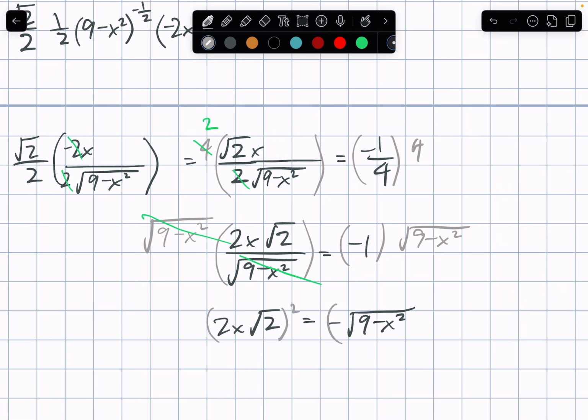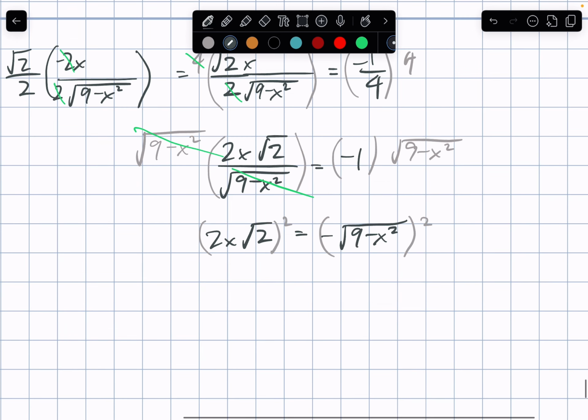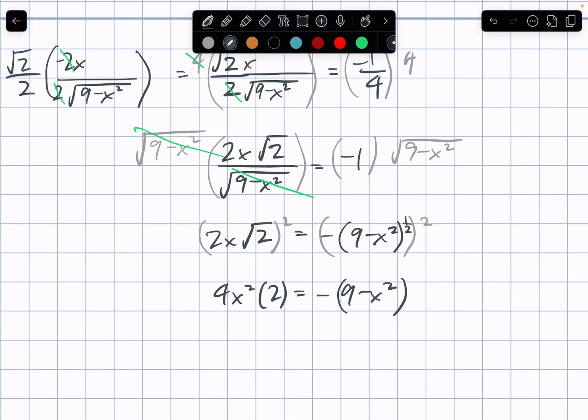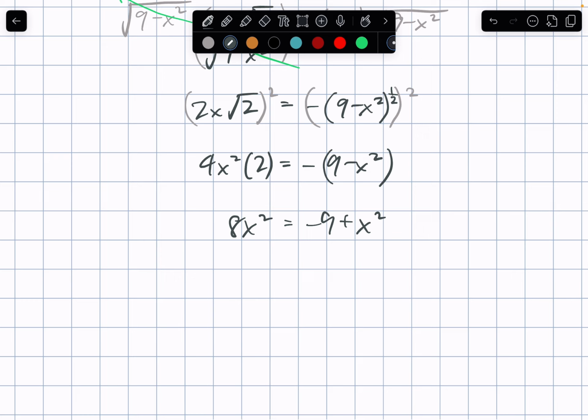I think what we do is square both sides. So 4x squared times 2 equal to negative 9 minus x squared. Negative 9, positive x squared. Oh, are we in the right tracks?